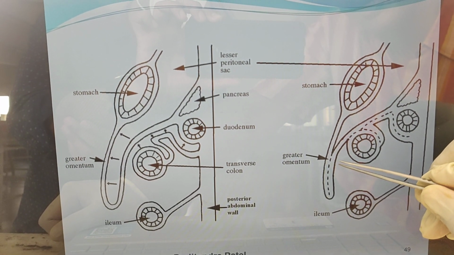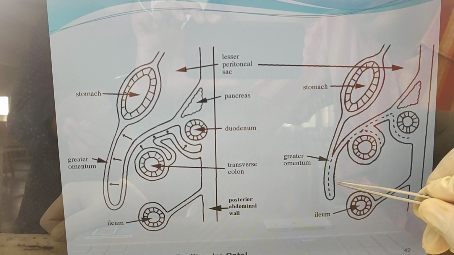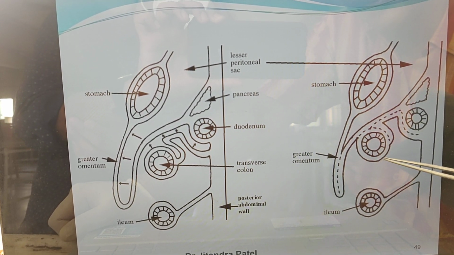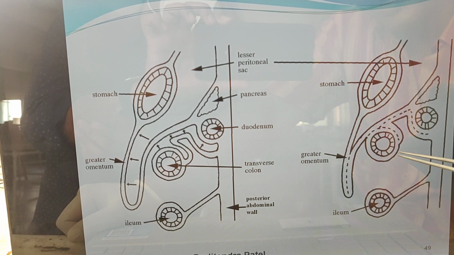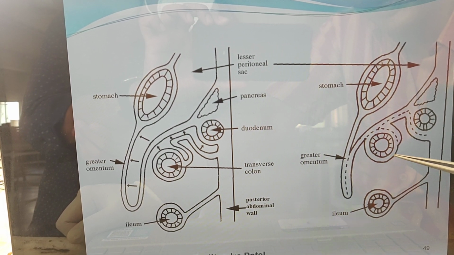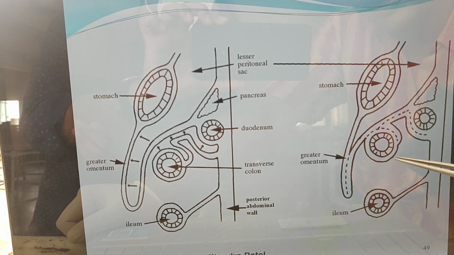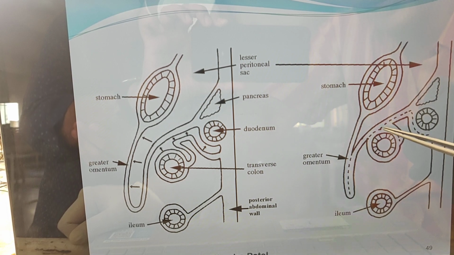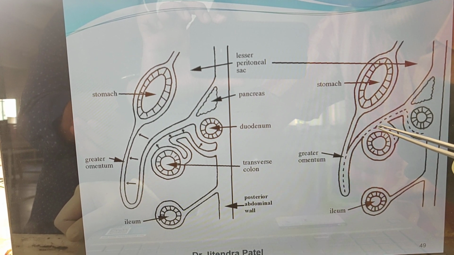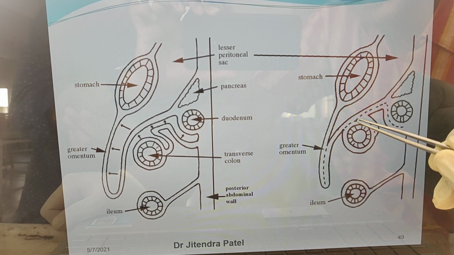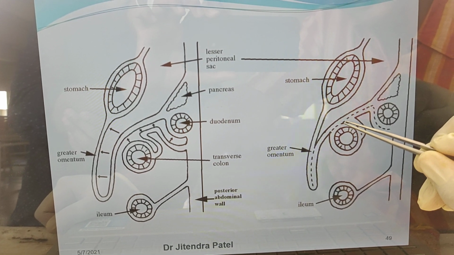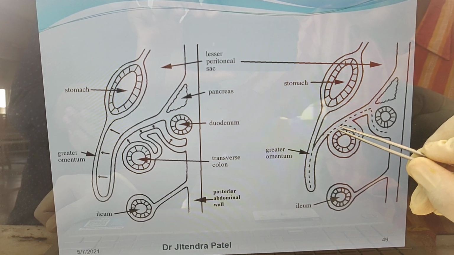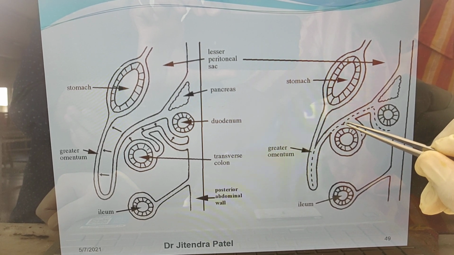So the lower part of the fourth layer of the greater omentum directly covers the transverse colon inferiorly and posteriorly, and goes to the posterior abdominal wall. Here the first or superior layer of the transverse mesocolon and the fourth layer of the greater omentum disappear, and it is called zygosis.